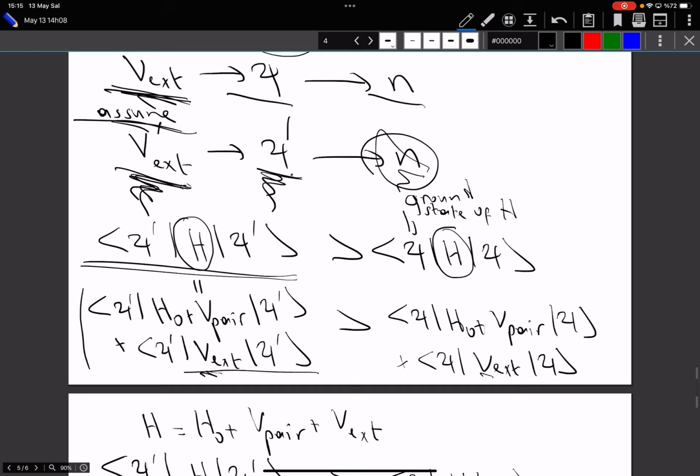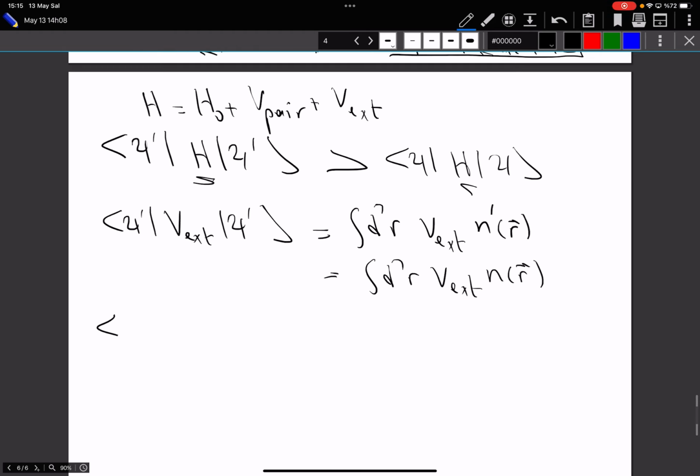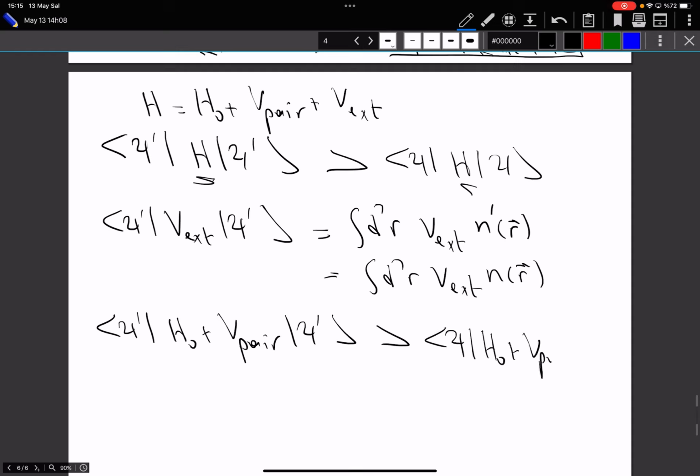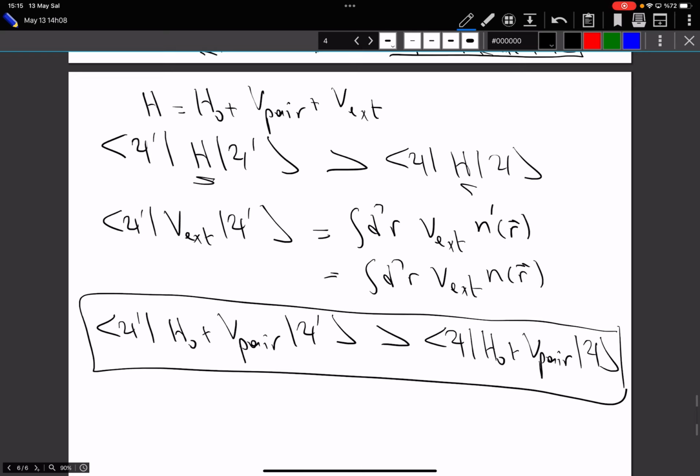So this term and that term, those two matrix elements, are the same, since I am assuming that psi prime and psi correspond to the same density. Those two terms are the same, which tells me that the psi prime H0 plus V pair psi prime matrix element should be larger than psi H0 plus V pair psi. Okay, this is one result I have.